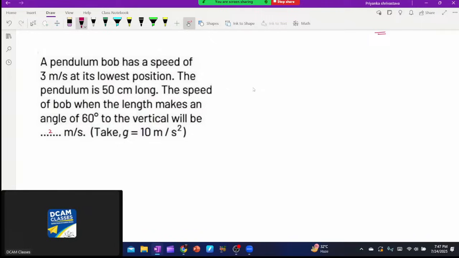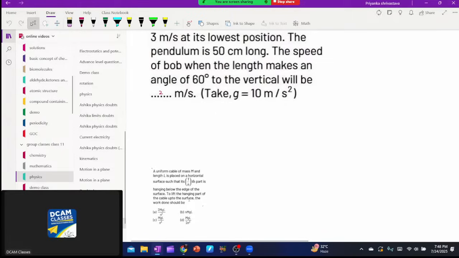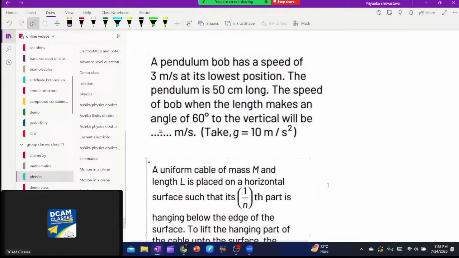Try to do this question. It will be option C. No, options are not there.